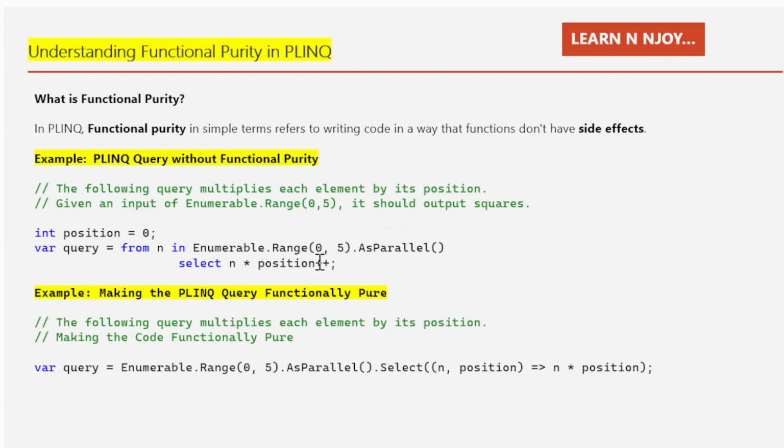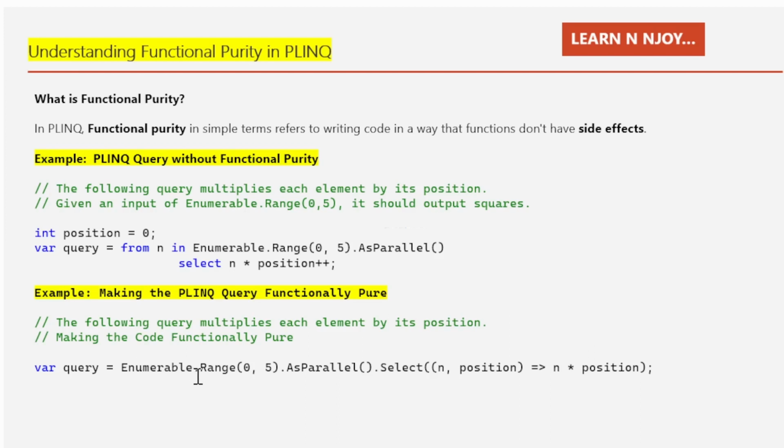What is the solution for that? Here I am showing another example, making the PLINQ query functionally pure. I have written this query: query = Enumerable.Range(0, 5).AsParallel().Select((n, position) => n * position). To make the code functionally pure, we need to avoid side effects like modifying position.